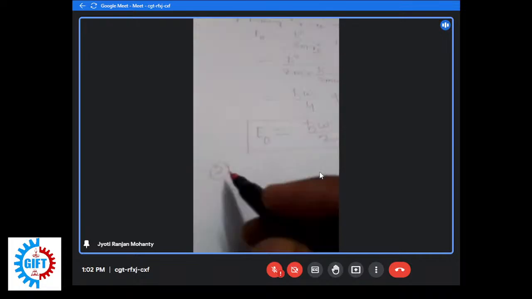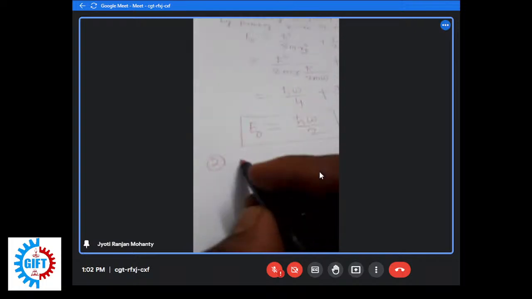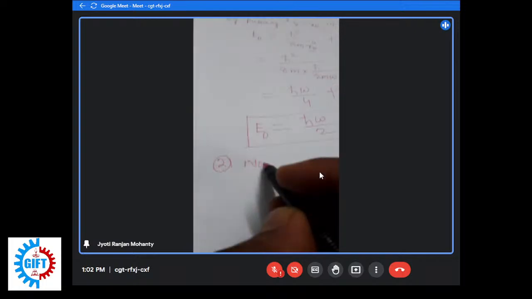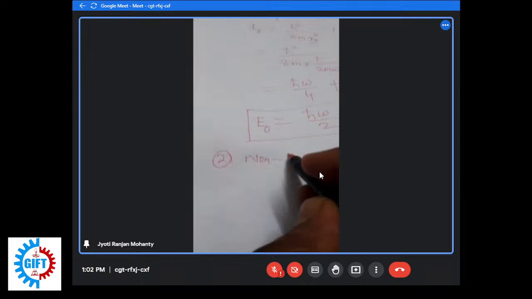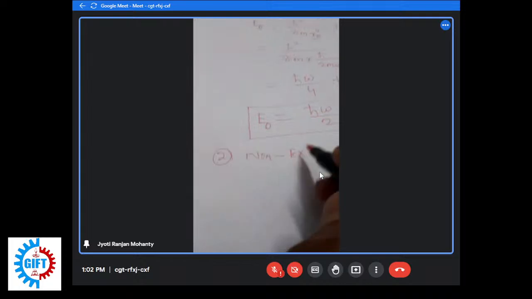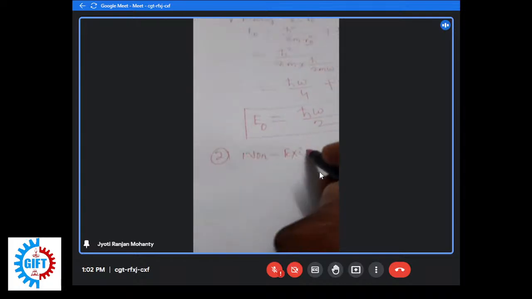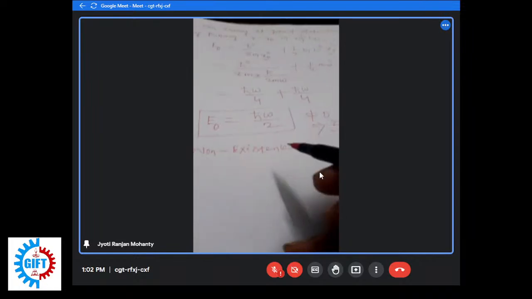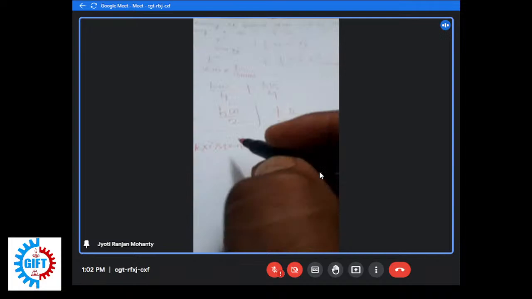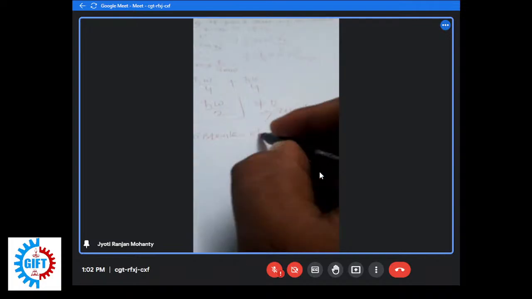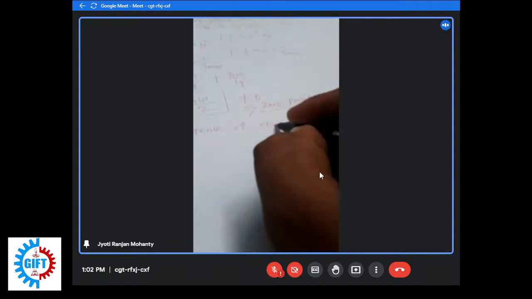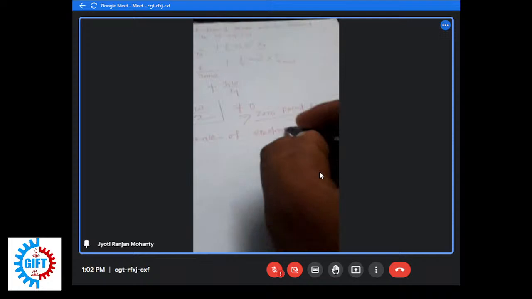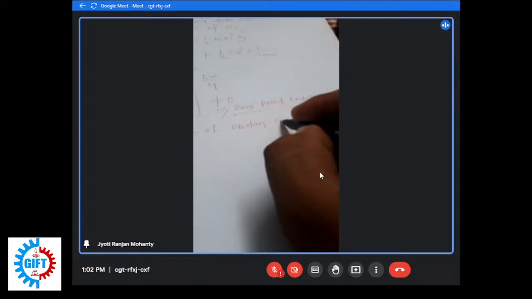So again, the next application: non-existence of electron inside the nucleus.